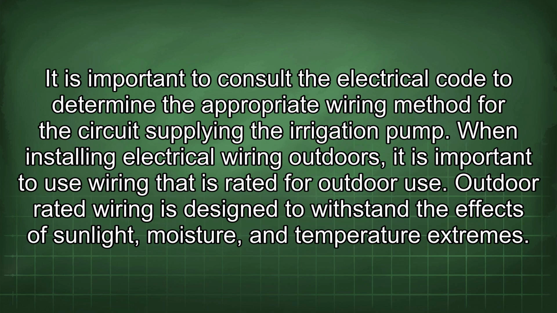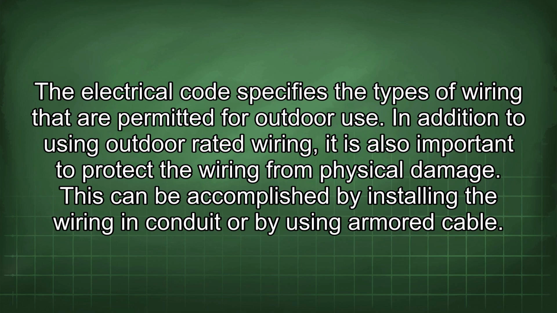When installing electrical wiring outdoors, it is important to use wiring that is rated for outdoor use. Outdoor rated wiring is designed to withstand the effects of sunlight, moisture, and temperature extremes. The electrical code specifies the types of wiring that are permitted for outdoor use. In addition to using outdoor rated wiring, it is also important to protect the wiring from physical damage.